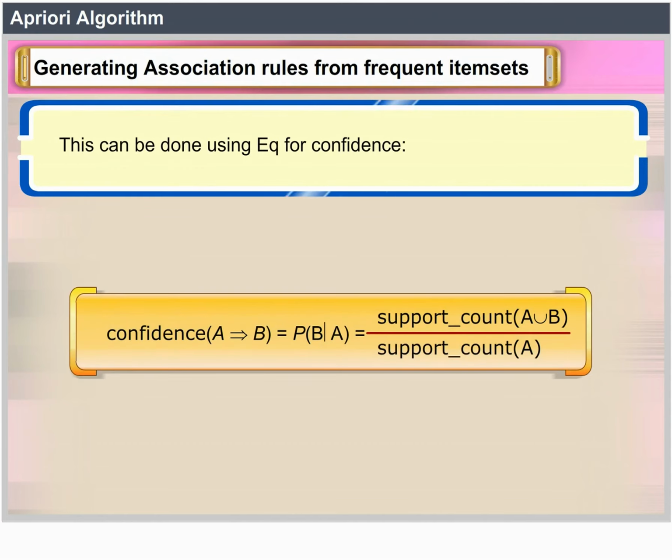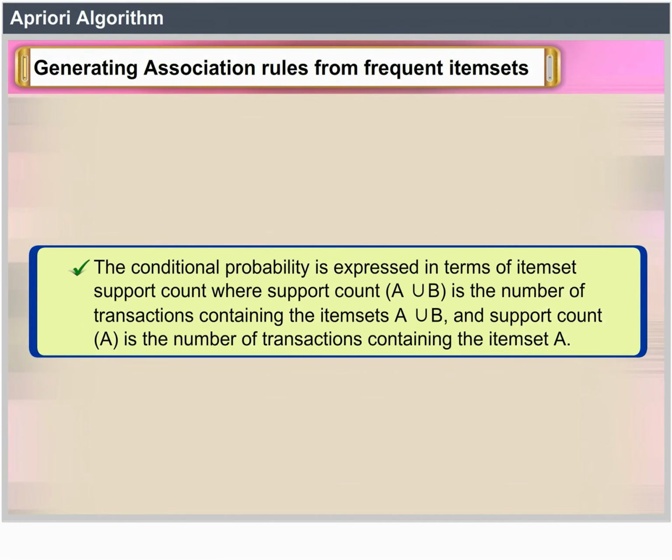Confidence(A implies B) equals the conditional probability of B given A, which equals support count of A union B over support count of A. The conditional probability is expressed in terms of item set support count, where support count of A union B is the number of transactions containing the item sets A union B, and support count of A is the number of transactions containing the item set A.